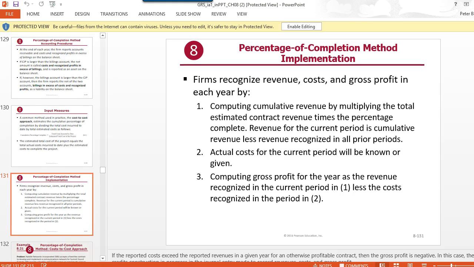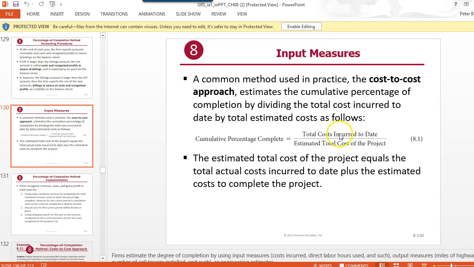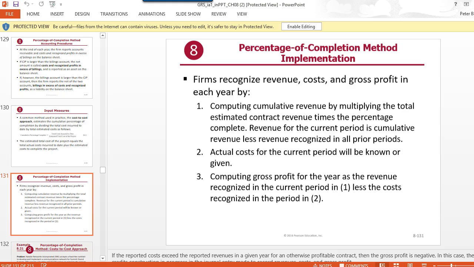Firms will recognize revenue, costs, and gross profit in each year by computing cumulative revenue by multiplying the total estimated contract revenue times the percent complete. So we're going to take the percentage of completion that we just calculated here, and apply that to our revenue on the contract.